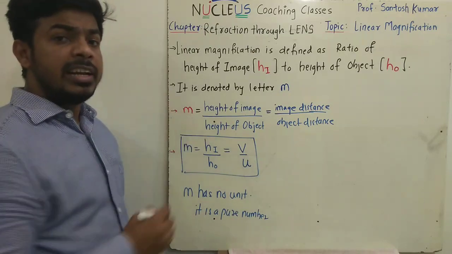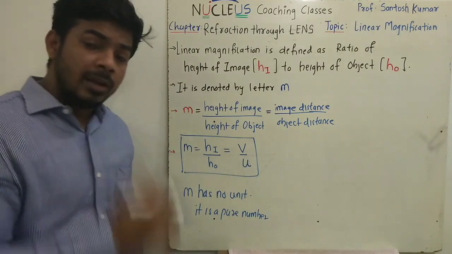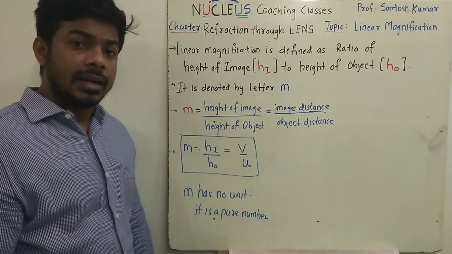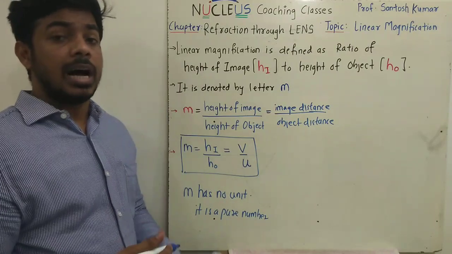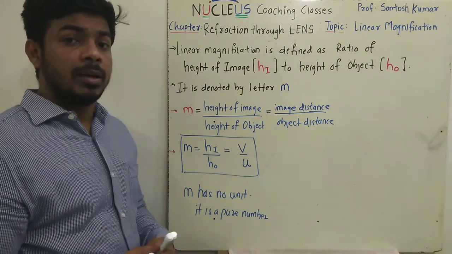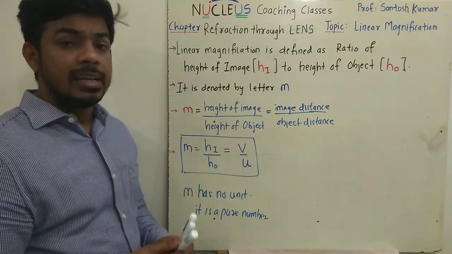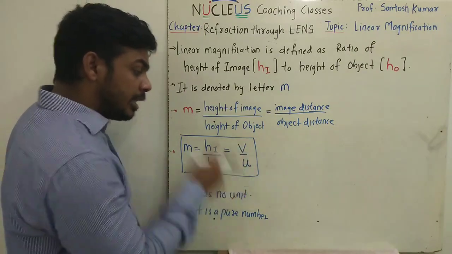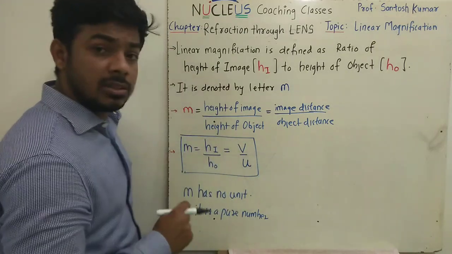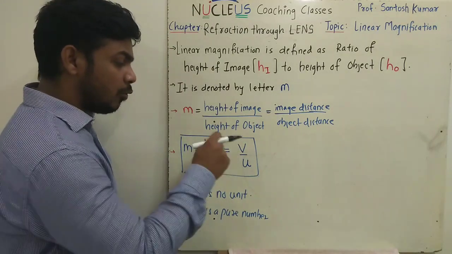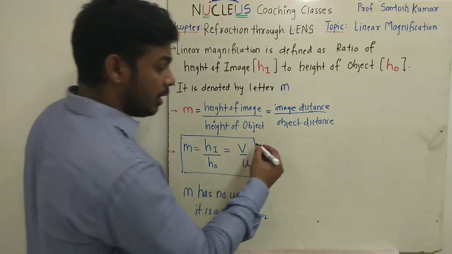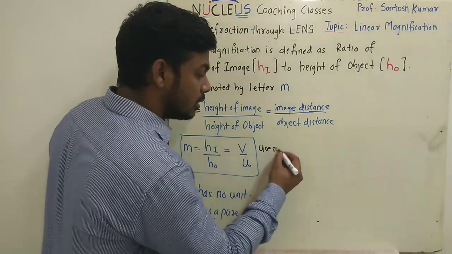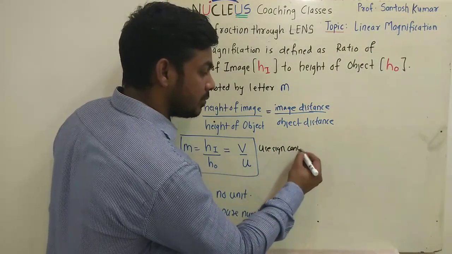Now the value of linear magnification will help us to calculate the nature of the image. But remember, whenever you are substituting the values of all these terms hi, ho, v or u, you have to use sign convention.